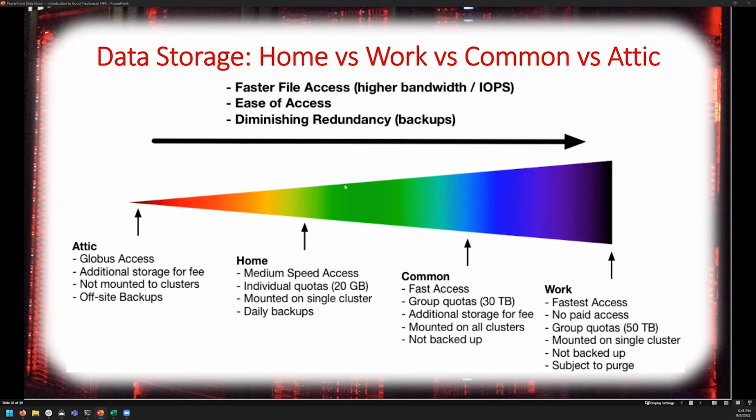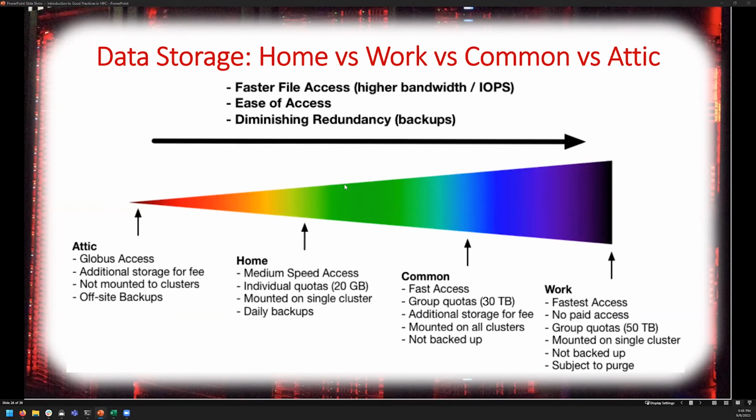Where as we go from left to right, the redundancy or numbers of copies on the file system itself goes down to where attic, we could lose the entire city of Omaha or the entire UNO campus, and there'd still be a copy of the data on attic either in Lincoln or Omaha.